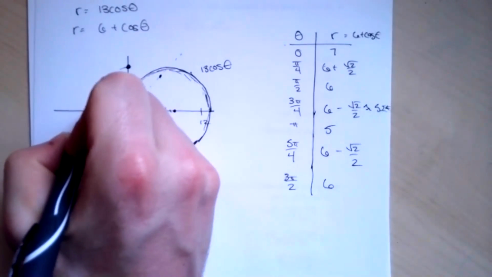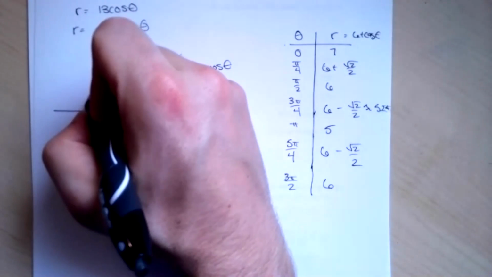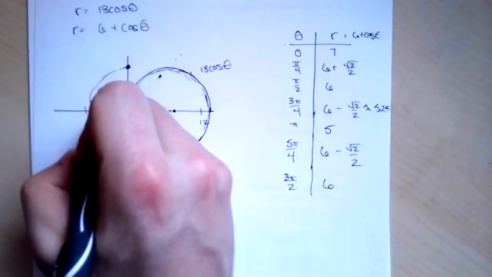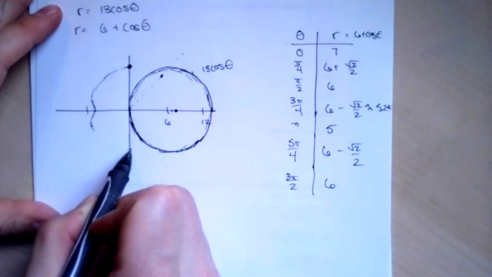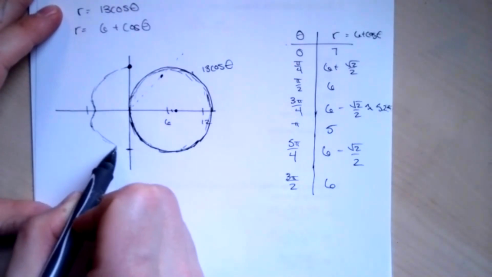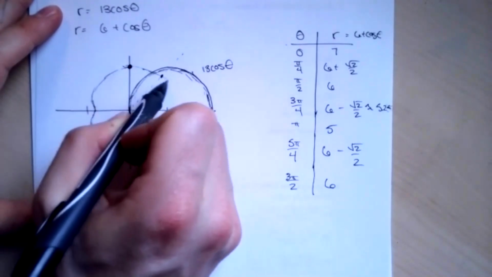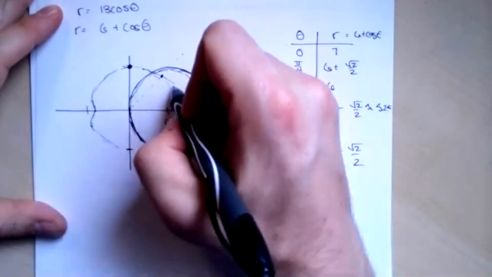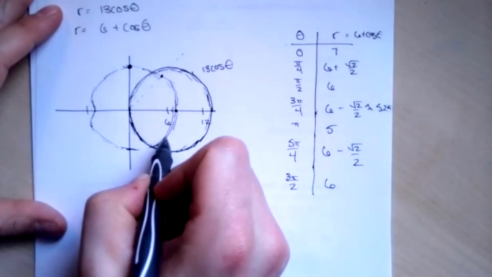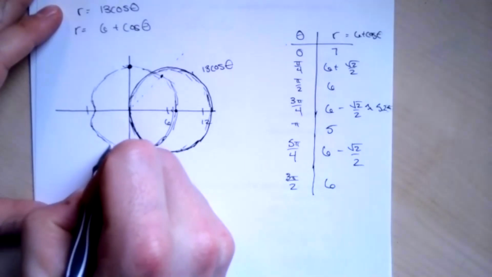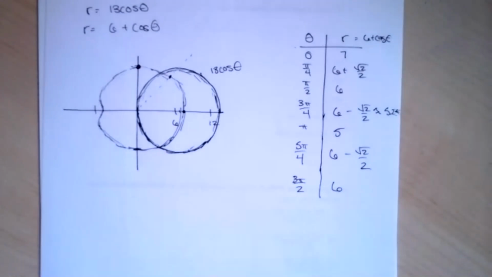So it's going to be a slight little hump here as it comes around. So our graph looks kind of like that.